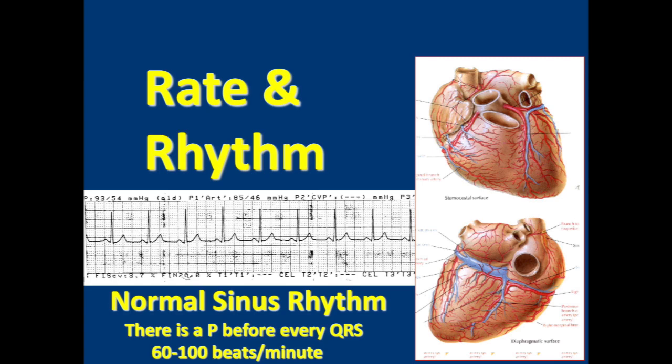For a normal adult human, not a child, it's defined as 60 to 100 beats per minute. It's a regular rate. You can see all the QRS waves going equally between each beat. There's a P before every QRS, and you can see that we're at about 75 beats per minute there.